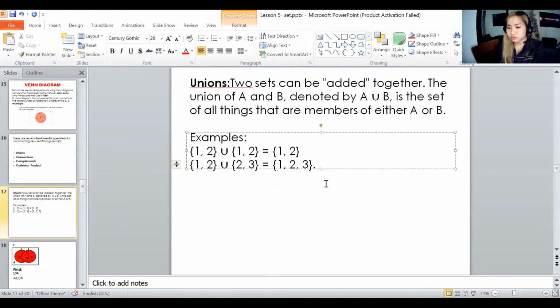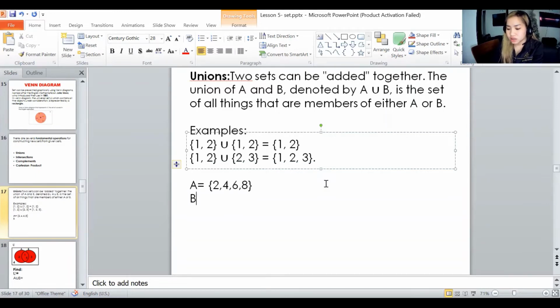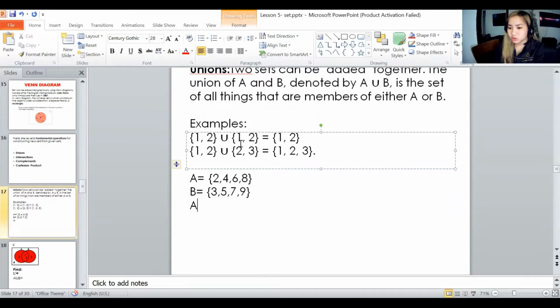Another example. Set A is equal to 2, 4, 6, 8. Set B is equal to 3, 5, 7, 9. Yan. So, kunin natin yung union ni A and B. So, ang final answer natin is pagsasamahin natin yung 2, 4, 6, 8, tapos yung 3, 5, 7, 9.